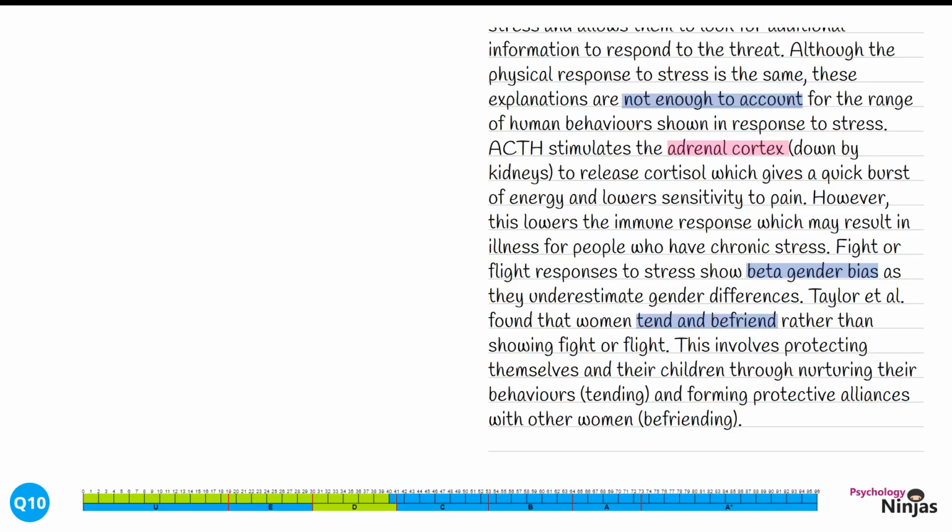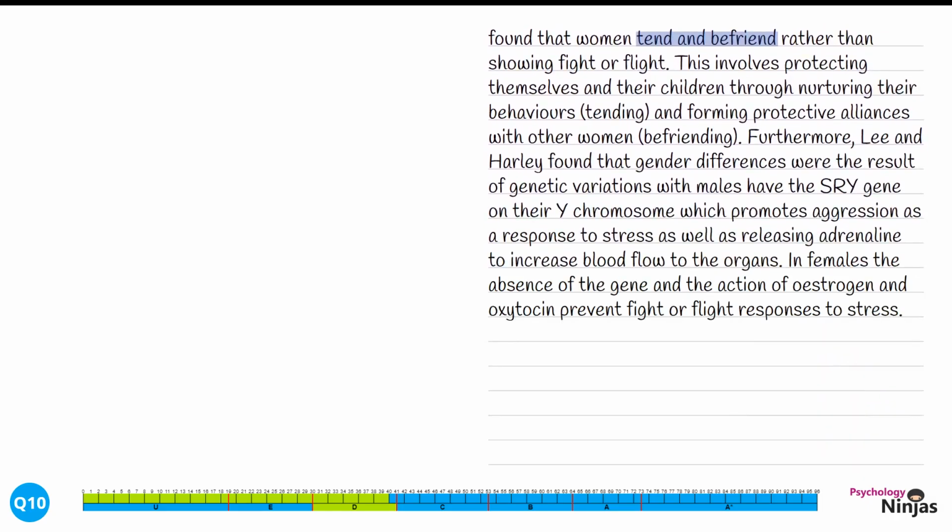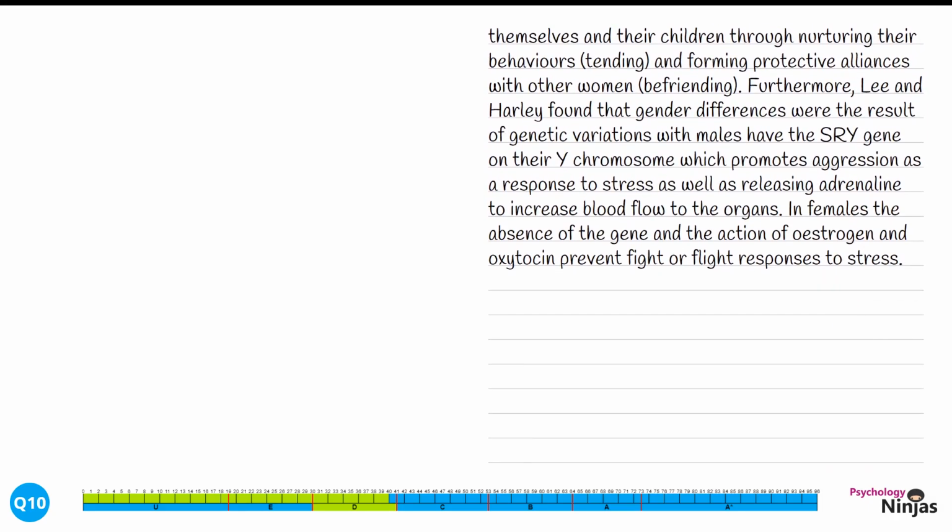We're going to explore this further by giving an additional piece of research showing gender differences. Furthermore, Lee and Harley found that gender differences were the result of genetic variants, with males having the SRY gene on their Y chromosome, which promotes aggression as a response to stress, as well as releasing adrenaline to increase blood flow to the organs.